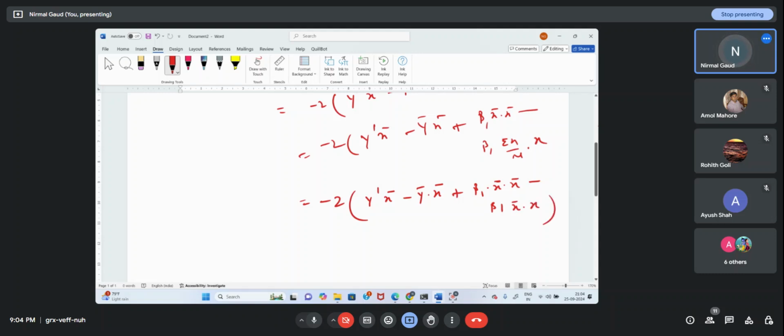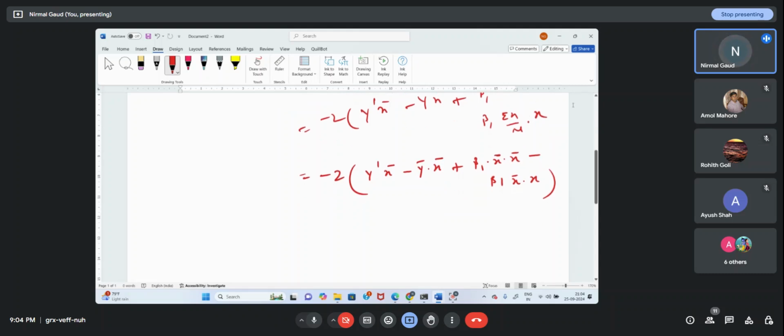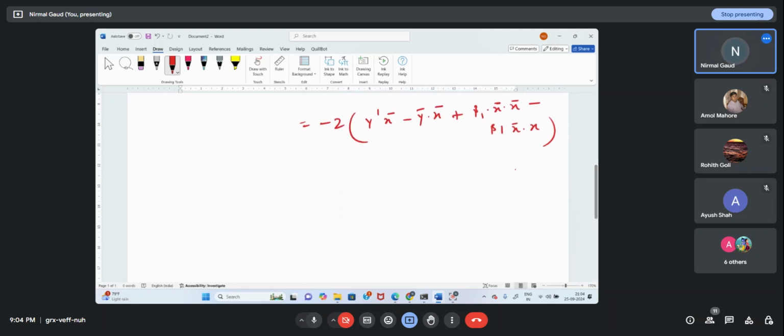So from these terms what I can do is minus 2, I can take x bar common, and I will get inside y dash minus y bar. From here also, I can take beta 1 x bar common, and inside will be x bar minus x.